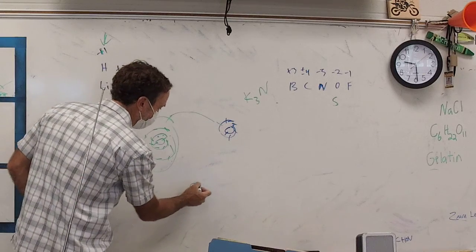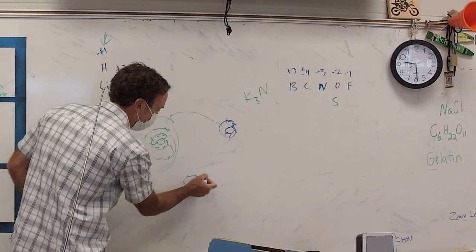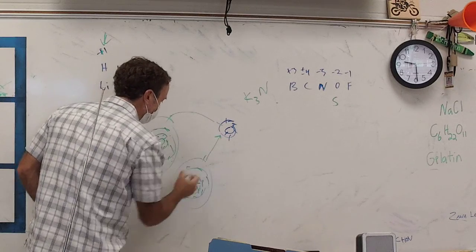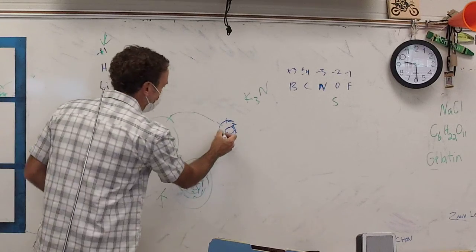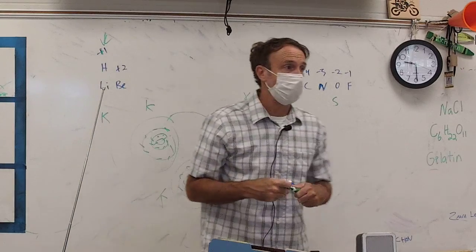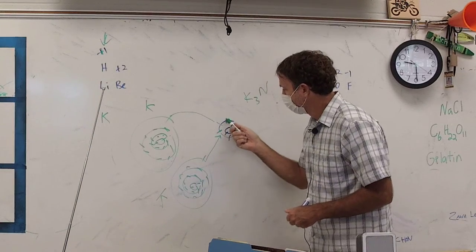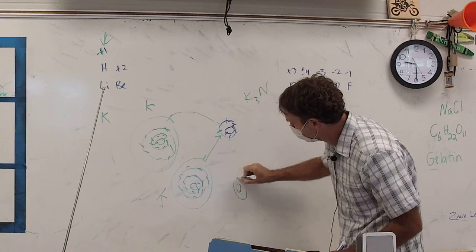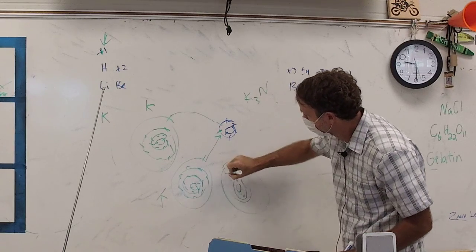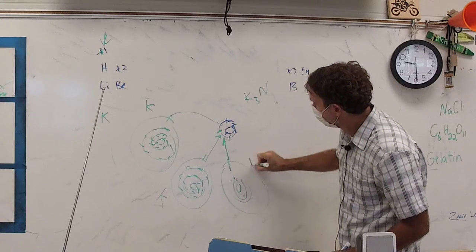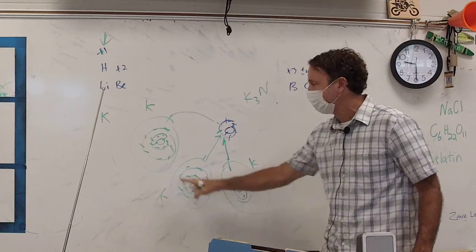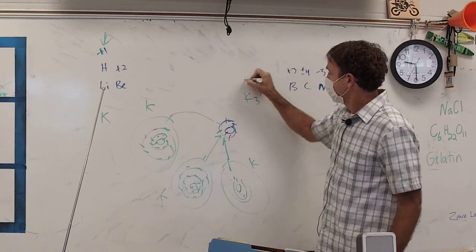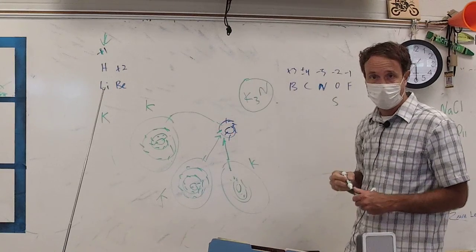So guess what? It needed another potassium atom. Now, is that nitrogen happy yet? Let's go. 1, 2, 3, 4, 5, 6, 7. Nope. We need another potassium atom. So it actually takes 3 potassium atoms to hook up with 1 nitrogen, K3N.